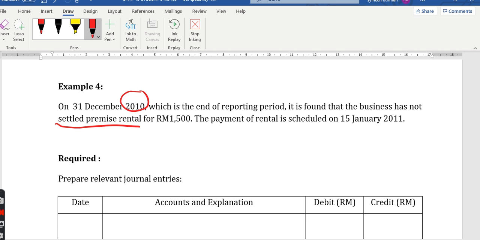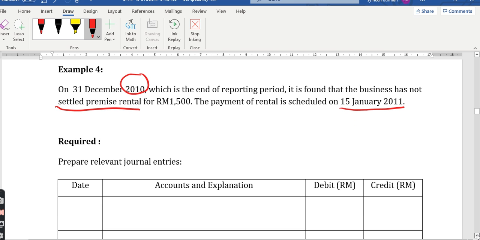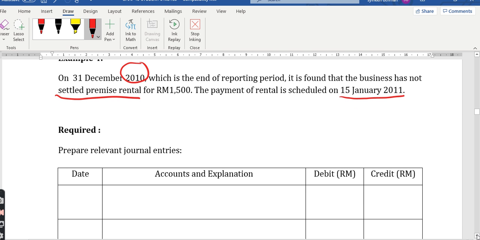Since it is the expense for 2010, during the adjusting entries period we should record 1,500 as the expense. The rental payment, as you can see in the question, is scheduled next year, that means on the 15th in the next accounting year.